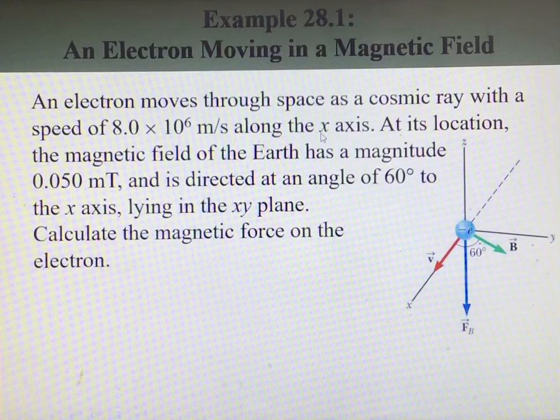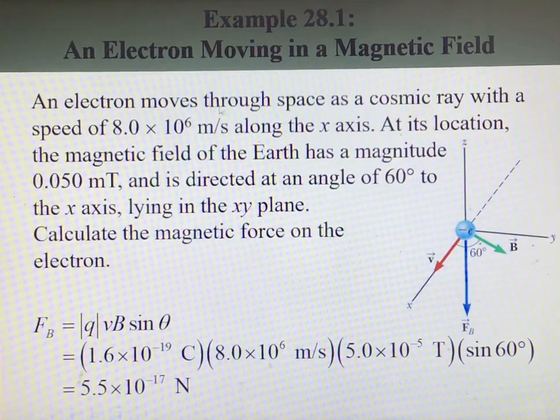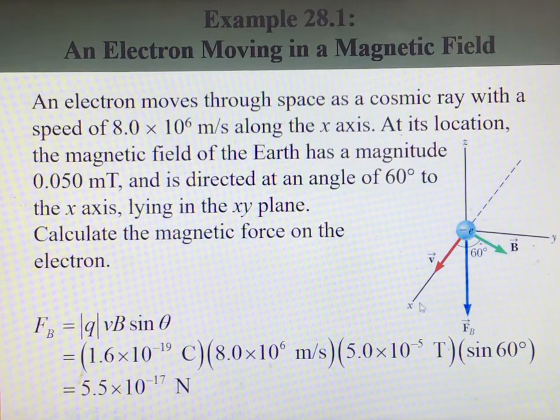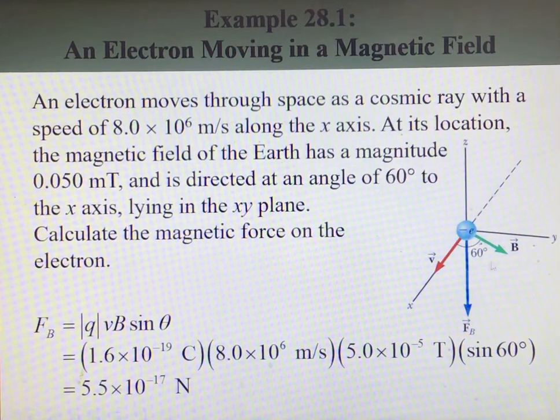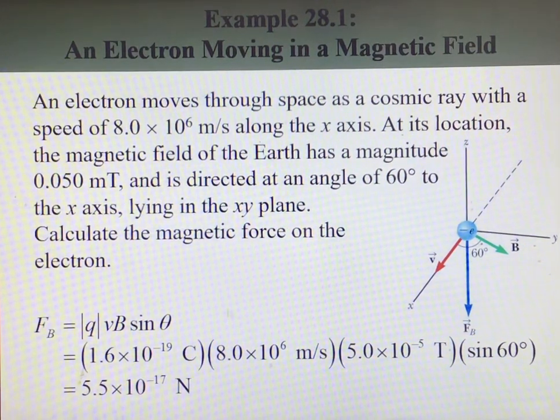So in this example, an electron moves in a region with a velocity of 8.0 times 10 to the power 6 meters per second, and the electron is moving along the x direction. Then there is a magnetic field in the xy plane that makes an angle of 60 degrees with respect to the x-axis. I want to calculate the force on that electron.